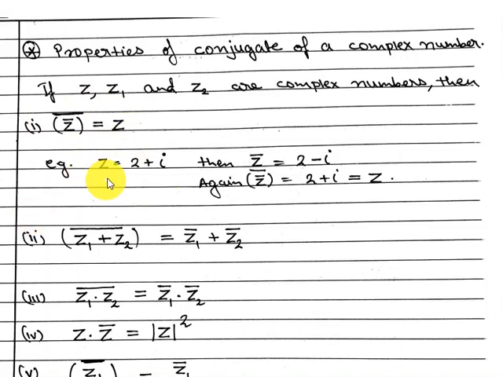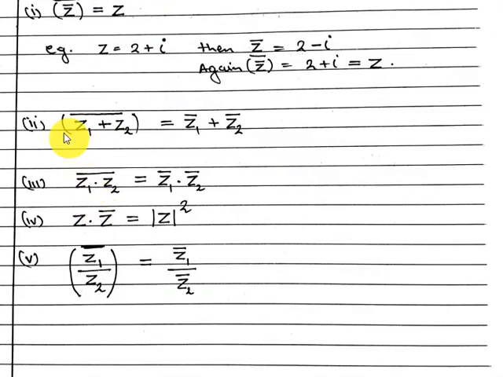You can see that if I have a complex number 2 plus i, then its conjugate will be 2 minus i. Again you take the conjugate of this conjugate, and it becomes 2 plus i. That means you get the same complex number that you started with. So this property says that if you take the conjugate of a complex number, and again take the conjugate of that conjugate, you will get the same complex number you started with.